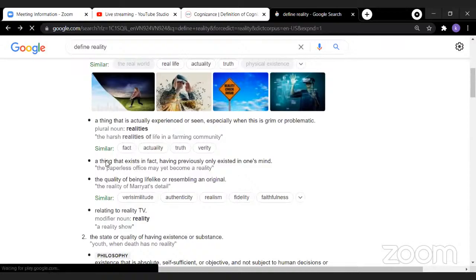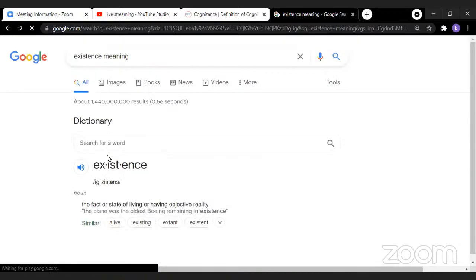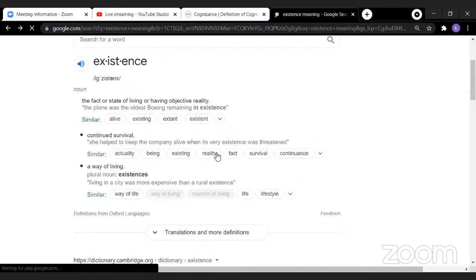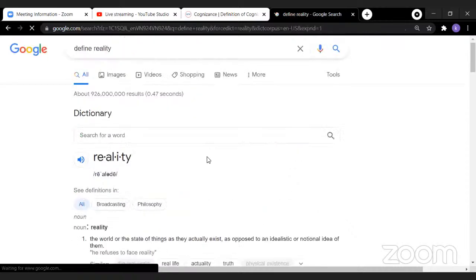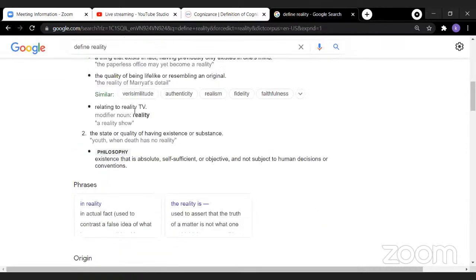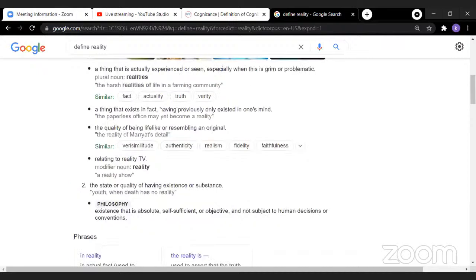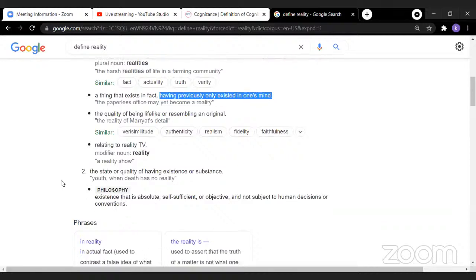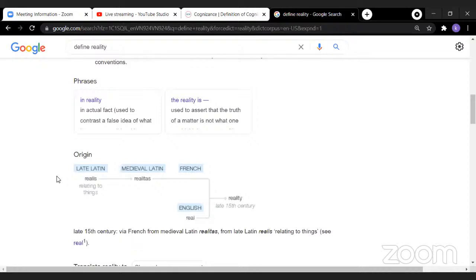Okay, so here's another definition. Reality: a thing that exists in fact, having previously only existed in one's mind. No, that would be abstract. Okay, so let's not waste time, but let's move on. I think we can find it here.